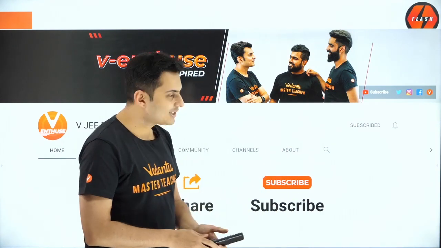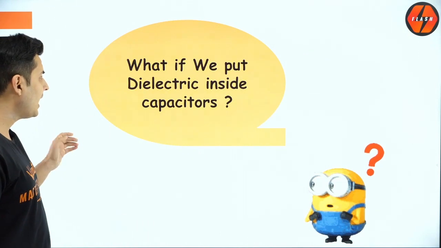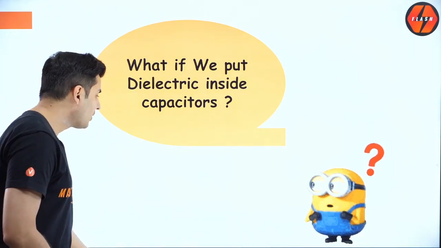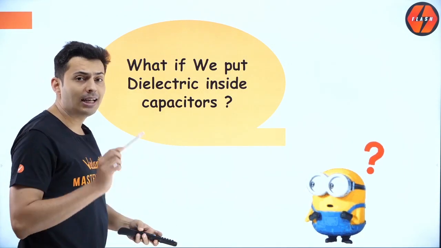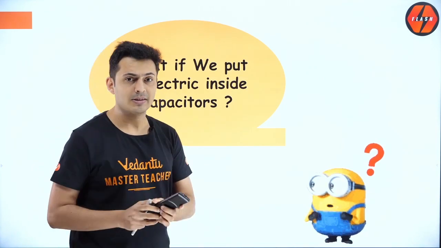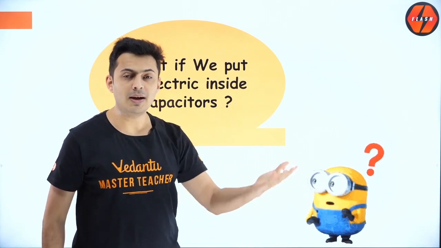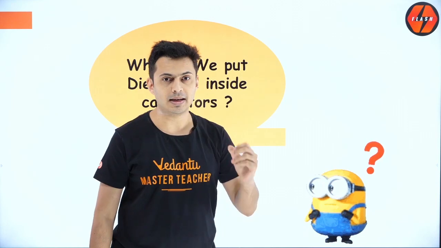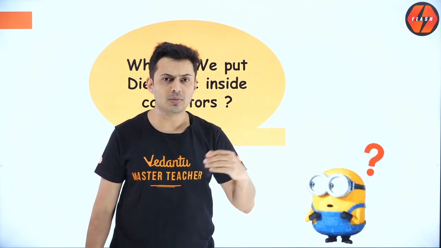All right, so let's begin today's session, and let's talk first about what happens when you put a dielectric inside a capacitor. If you have not seen one of my previous sessions where I have spoken about dielectrics, I urge you to do so before watching this session, or probably towards the end of the session.